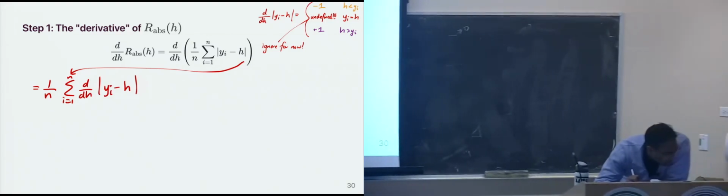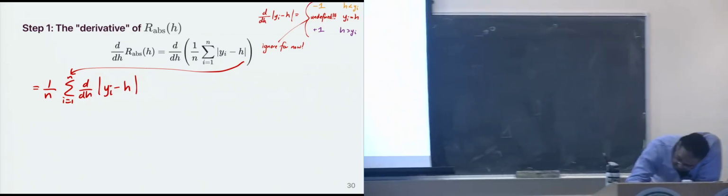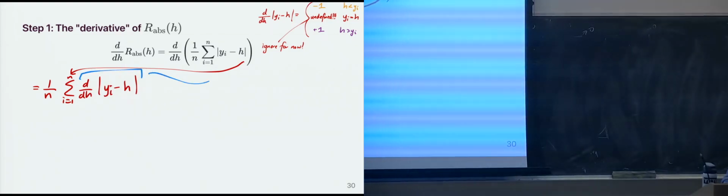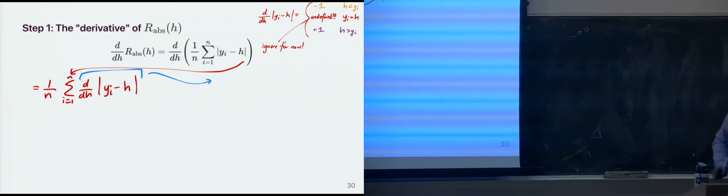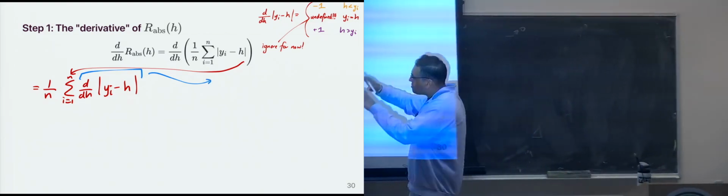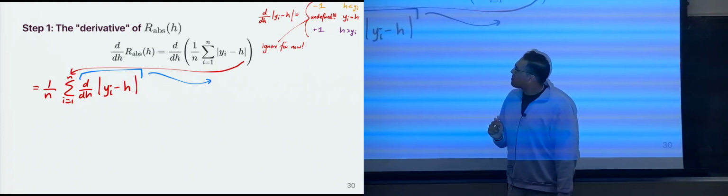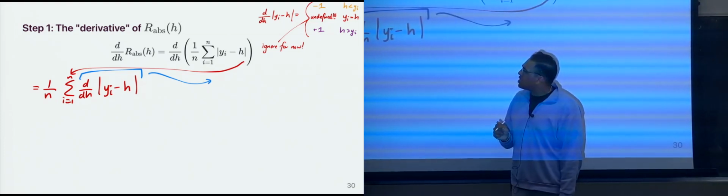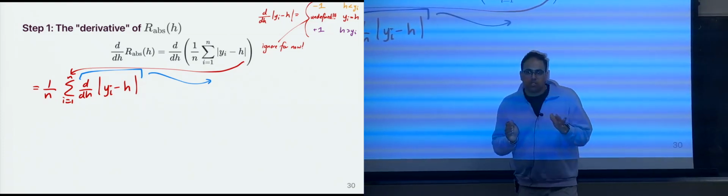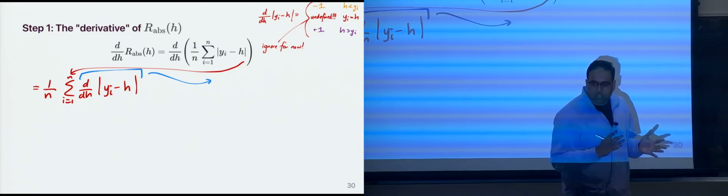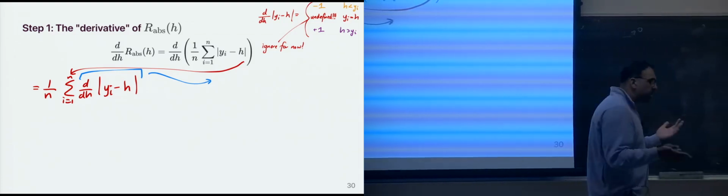Okay? Now here's the key idea. What I've highlighted in blue, or overlined in blue, could only be one of two possible numbers. What are those two possible numbers? Yeah, it's -1 or +1.